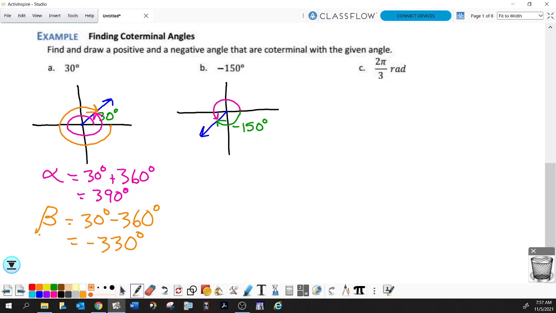So that's 210 degrees. But if you're struggling to see why it was 210 degrees, you could have thought about beginning here and then turning a positive full circle. Either way, you're going to get the 210 degrees.